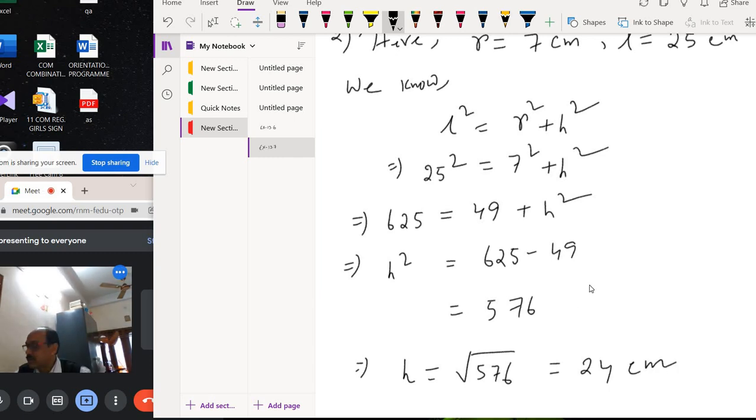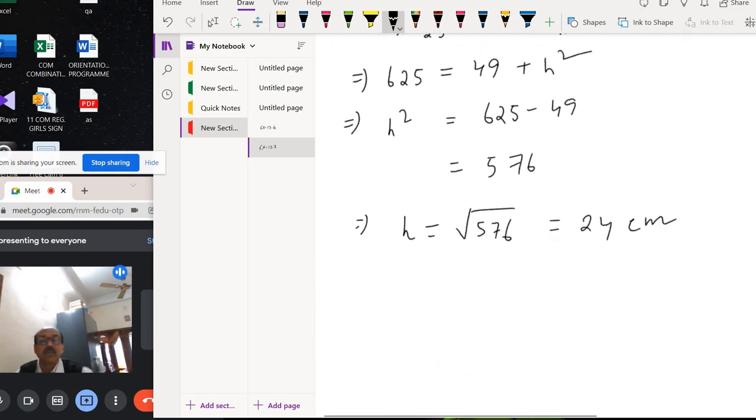Now find its volume. The question is find the capacity, and we know capacity and volume are the same.